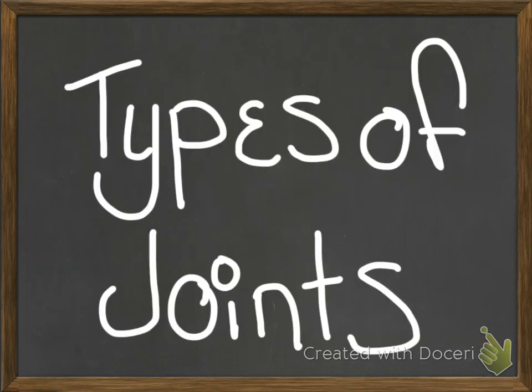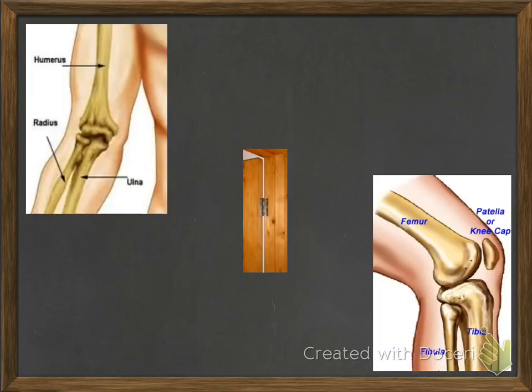Alright, looking at types of joints. Today we're going to be focusing on two types of joints. The first one, we are looking at the elbow and the knee joint over here.